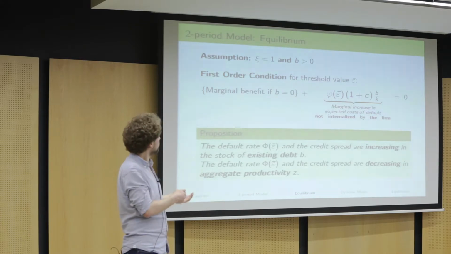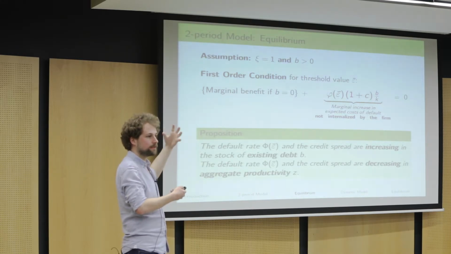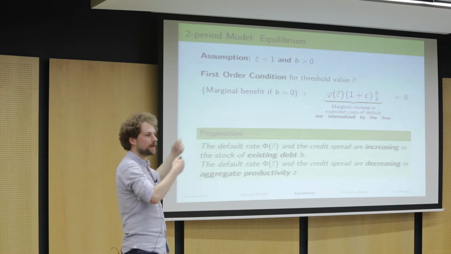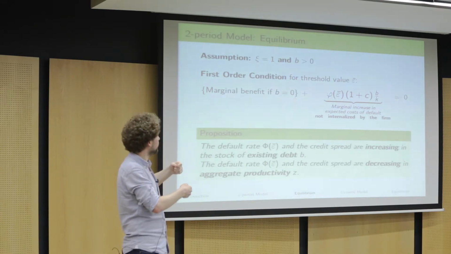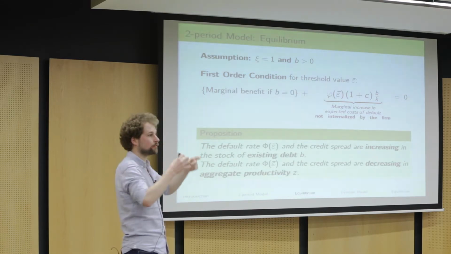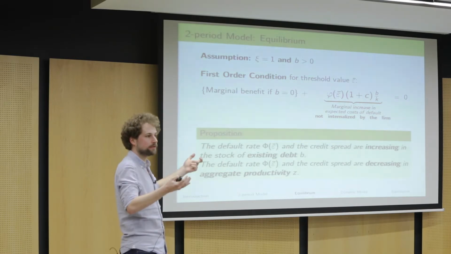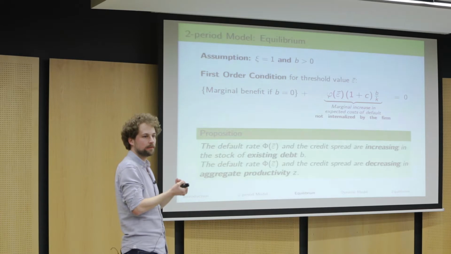Whenever the ratio of existing debt is high relative to the total stock of capital, and therefore also to the total stock of debt, then I disregard a large fraction of total default cost, and so I choose a high default risk. But when B is small relative to K, so the existing stock of debt is small relative to the total scale of production, then I internalize most of the default costs, and so I'm very cautious in choosing epsilon bar.